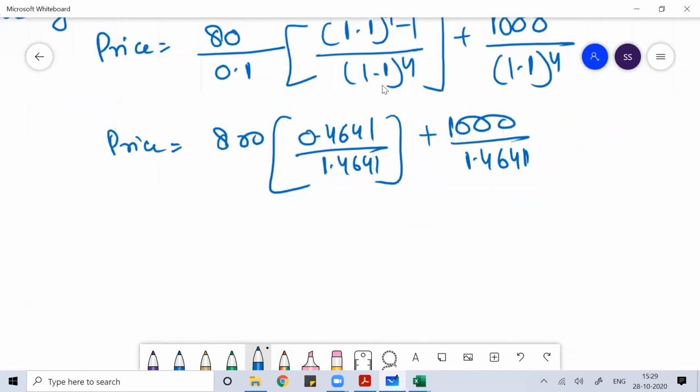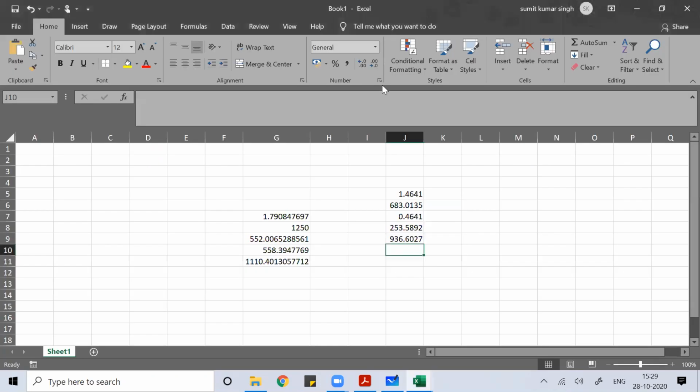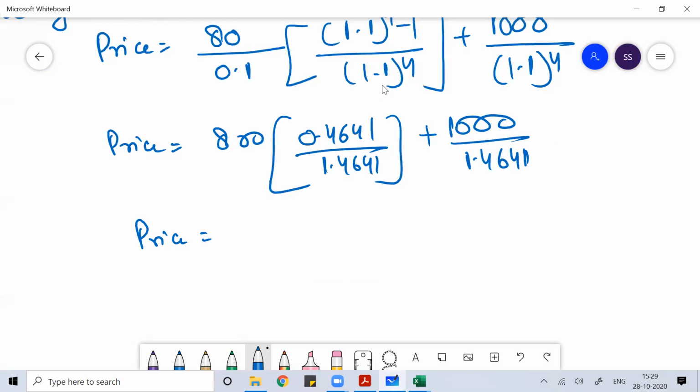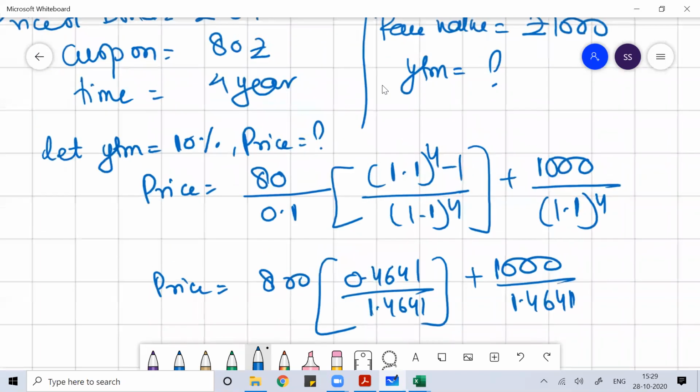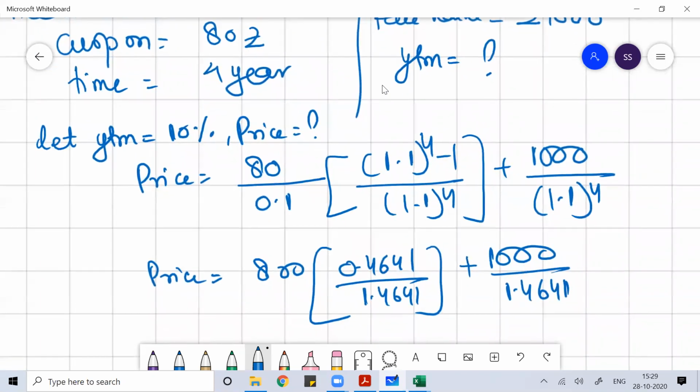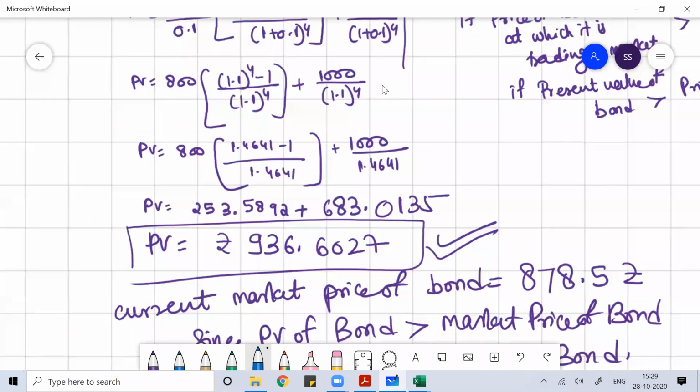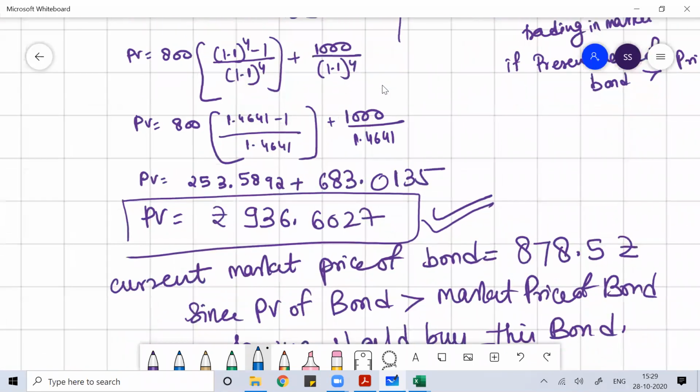I already calculated this; everything is the same, 10%, 80, already we have calculated.